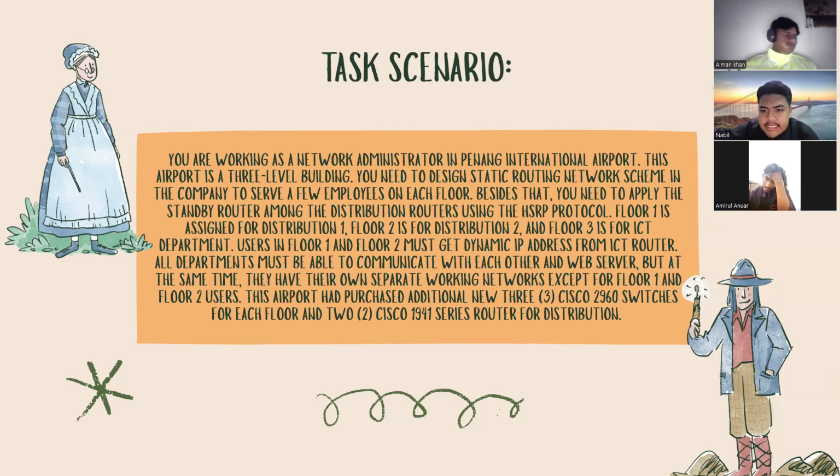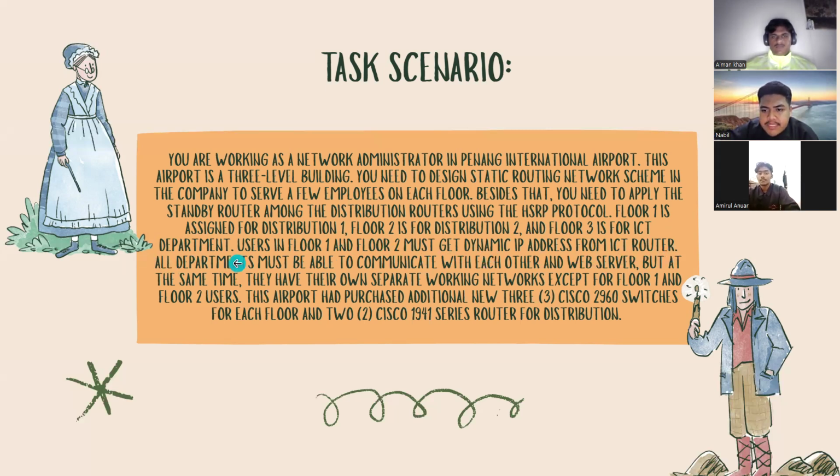Floor 1 is assigned for the distribution 1, floor 2 is for distribution 2, and floor 3 is for ICT department. Users in floor 1 and floor 2 must get a dynamic IP address from ICT router.